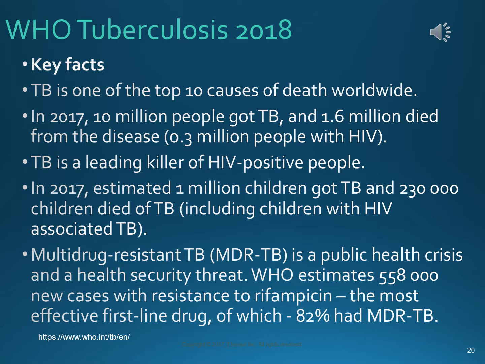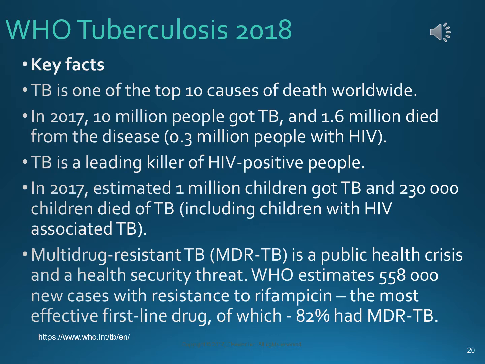TB is one of the leading killers of HIV positive people, which makes sense because those people are immunosuppressed. In 2017, a million children got TB and 230,000 died, including children with HIV-associated TB. Multi-drug resistant TB, MDR-TB for short, is really a public health crisis and a health security threat.